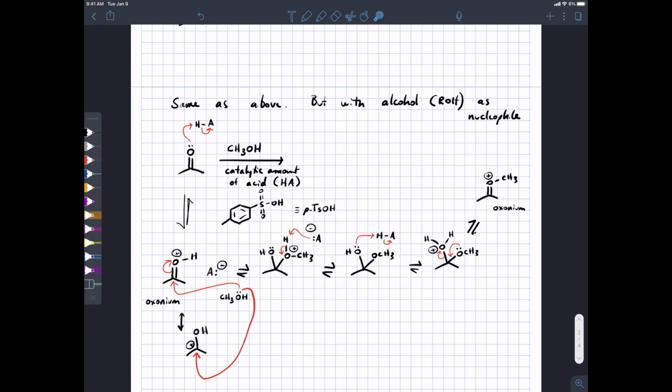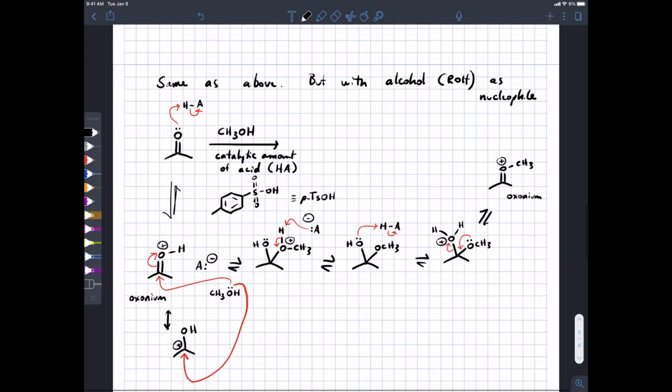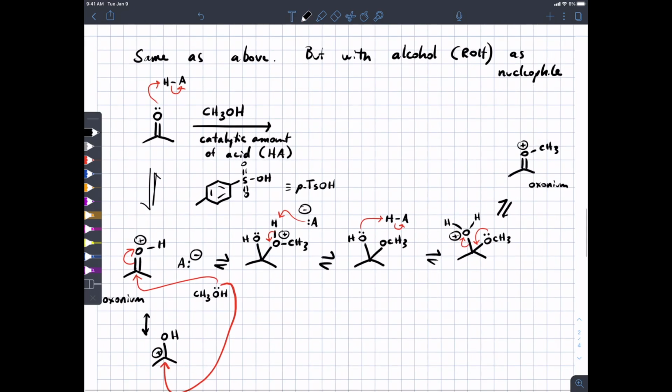Good? Okay, so we've got this new oxonium ion, which we would predict, based on what we saw before with the previous oxonium ion, is going to be reactive at the carbonyl carbon. We're in methanol, and we're using methanol as a solvent, so we have a large excess of methanol.